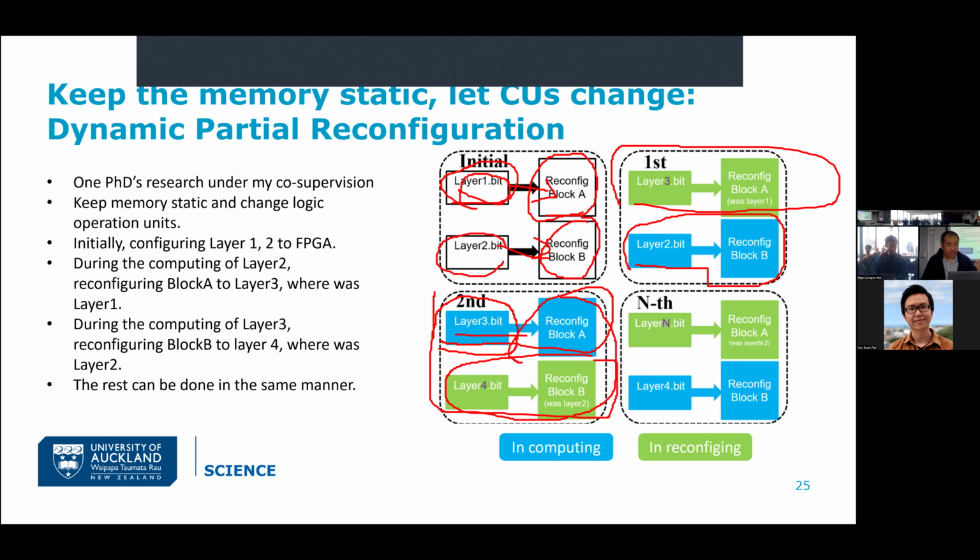So basically you need to balance the reconfiguration time and the computation time. We have to make sure, and it's better, to let them be equal. The good thing with FPGA is that we customize our computation units, so we can reduce the complexity of the computation unit for different layers without influencing the final result. So this is basically what we did.